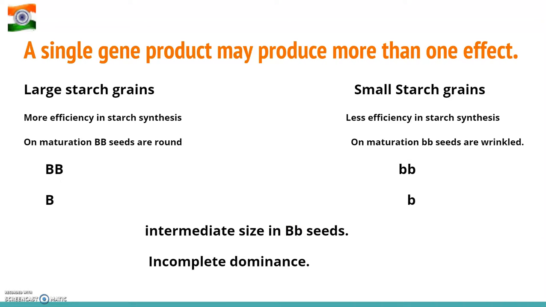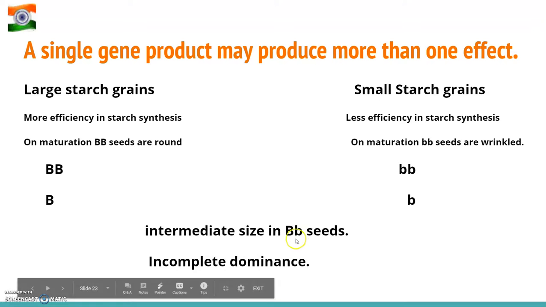So if starch grain size is considered as the phenotype, then this single allele shows incomplete dominance.